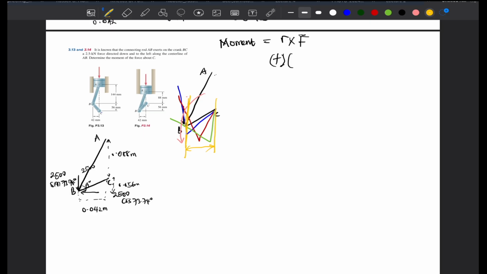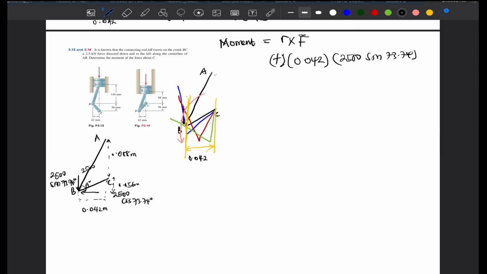And if we look at our question, we can see that the distance here is 0.042, from this parallel to here. That's 0.042. We write that our distance is 0.042. We write that our force 25 sine 73.74.